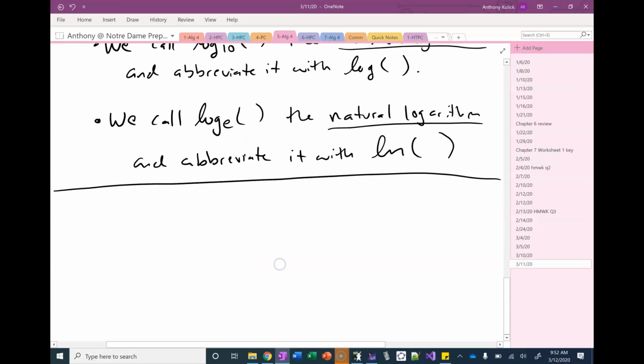Okay, so if you have your graphing calculator with you, I'd invite you to take it out right now, and we'll show you guys how to use your calculator to evaluate some logarithms.